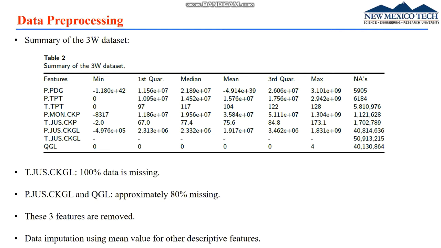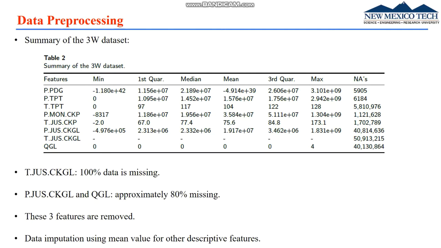However, these last 3 features contain too many missing data, and if we try to conduct some data imputation, it will not be effective for the predictive models. So in order to achieve high accuracy on prediction, we remove the last 3 descriptive features. We only keep the first 5 features.